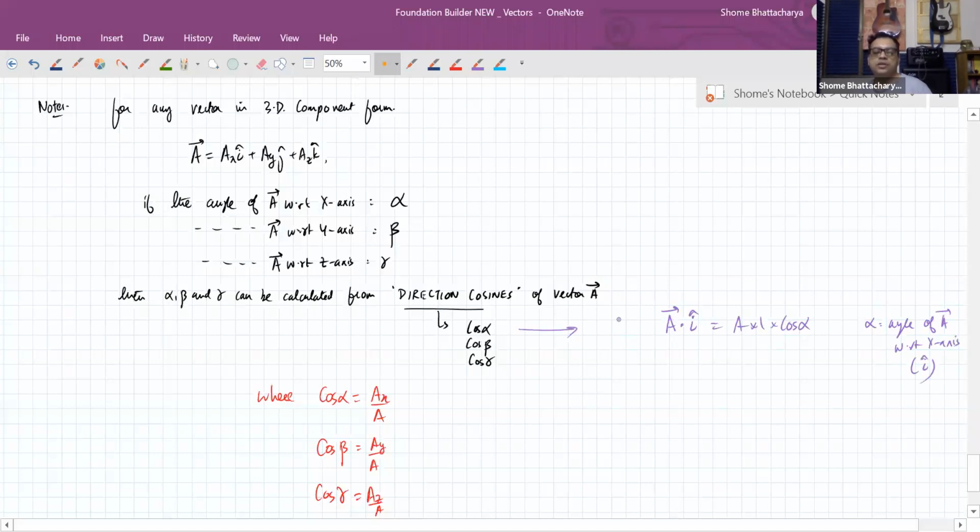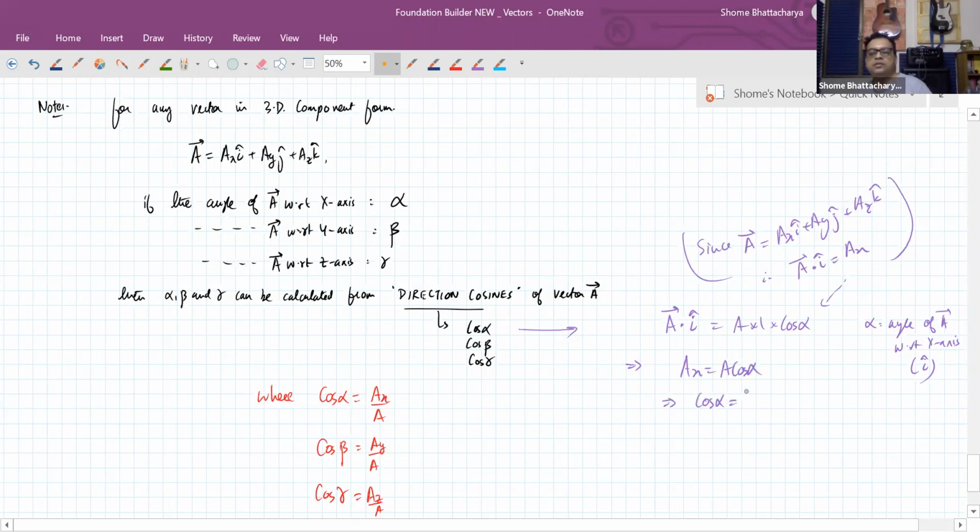Now notice that since the vector A is Ax i cap plus Ay j cap plus Az k cap, therefore what is A's dot product with i cap? It is nothing but Ax. So Ax is nothing but A cos alpha. So cos alpha is nothing but Ax divided by magnitude of A.